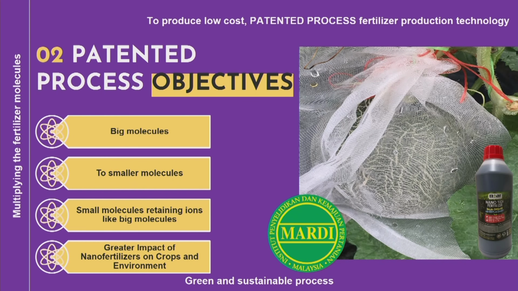The objectives of this patented process are to convert big molecules to smaller molecules, which are in nano form. And the small molecules will retain their ion capabilities like big molecules. It will also give a great impact of nanofertilizers on crops and the environment.